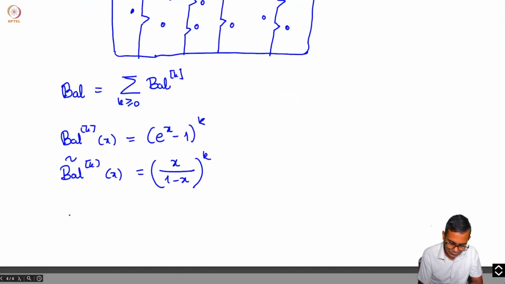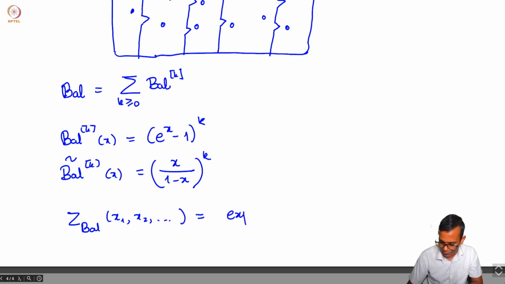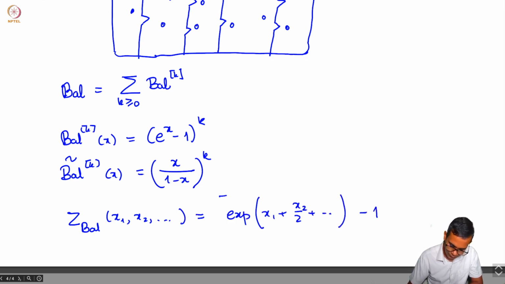And the cycle index generating series is (e to the power of x1 plus x2 by 2 and so on, all this minus 1) whole to the power k. This is for Bal_k.